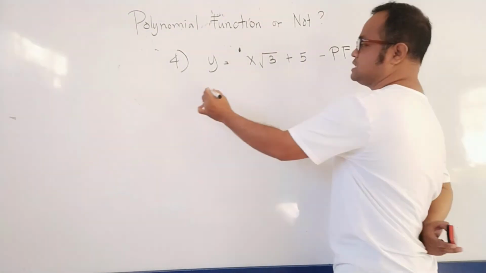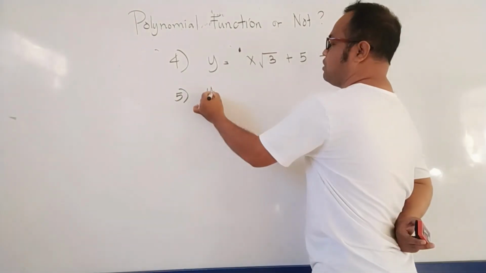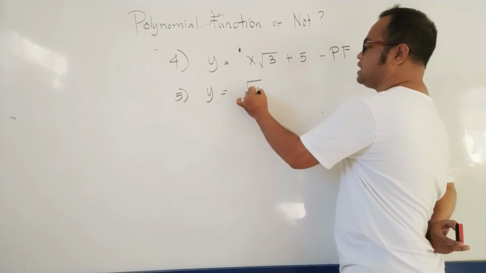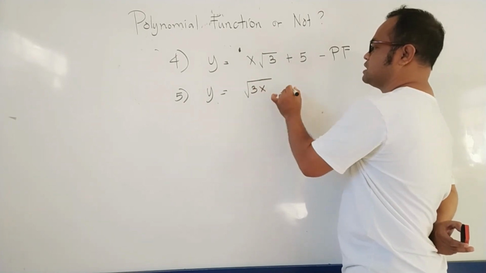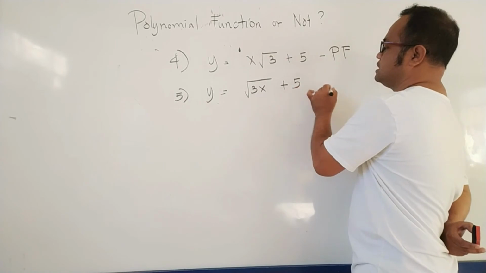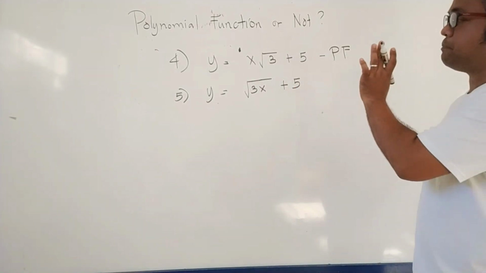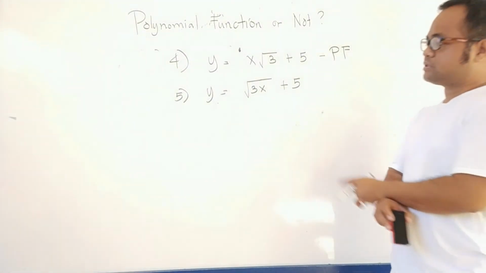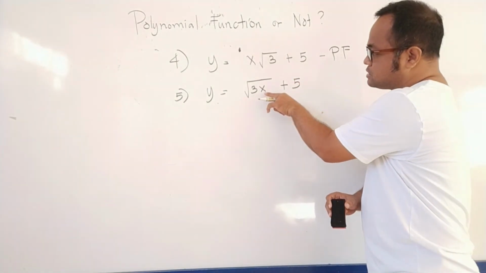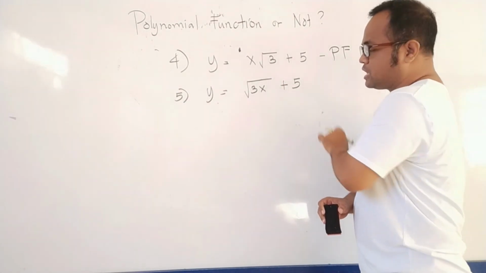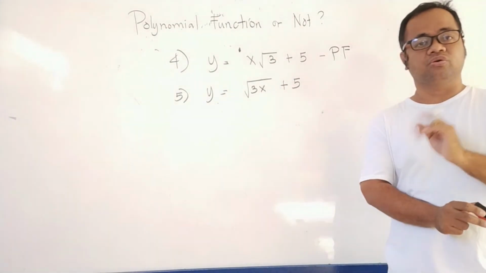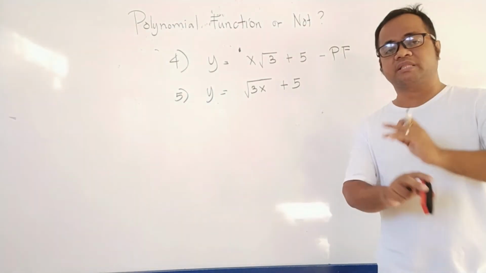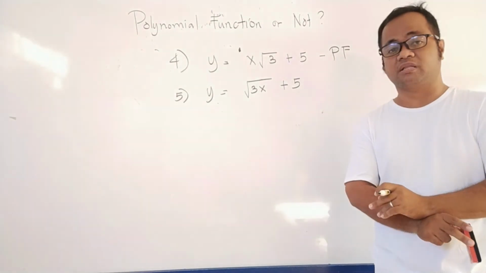How about if it is written in this form? Y is equal to square root of 3x plus 5. Okay. Is this a polynomial function? Now, try to look at the variable x. Sir, the exponent of the variable x here is 1. No. Remember that x is inside the radical sign, which is the square root sign.